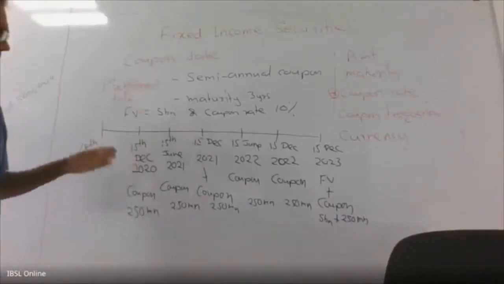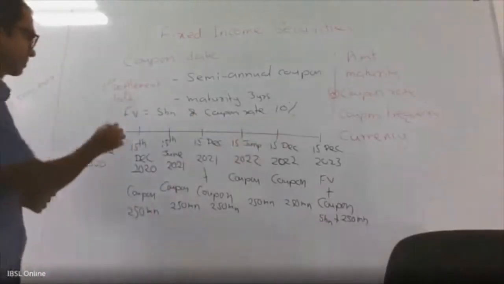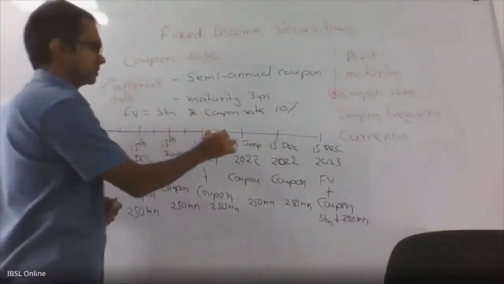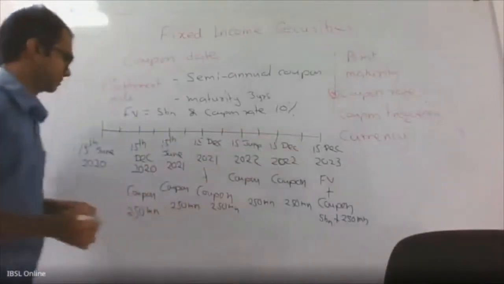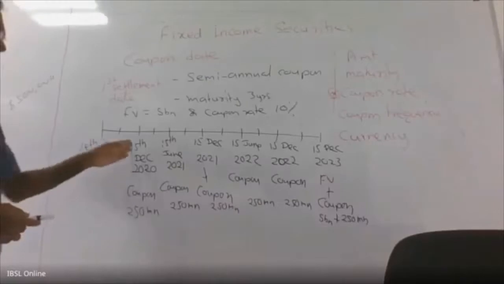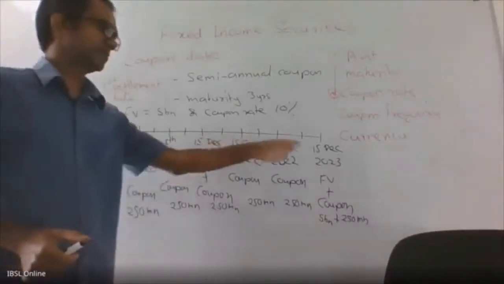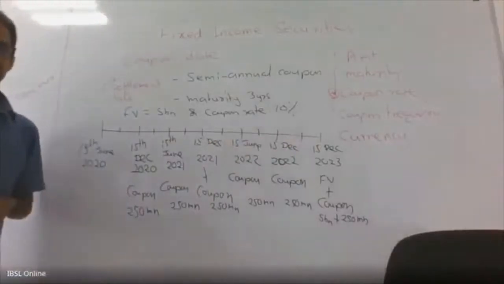If it is quarterly, there may be cash flows in between these days: September, March, September, March, September, March, there will be cash flows.